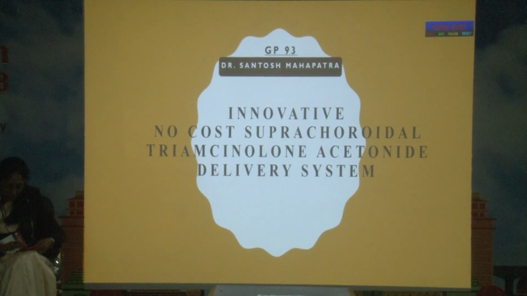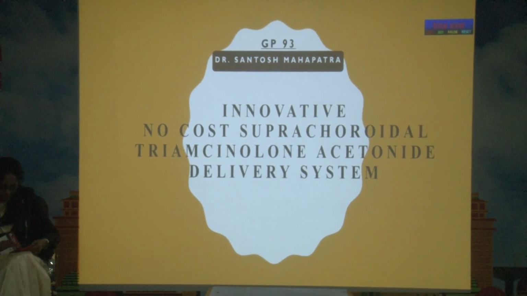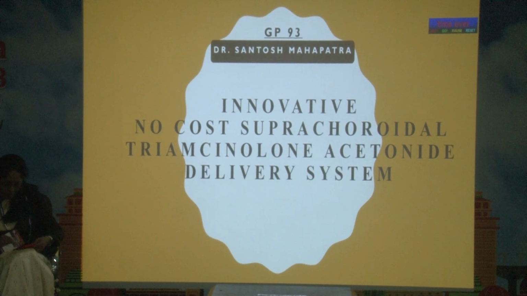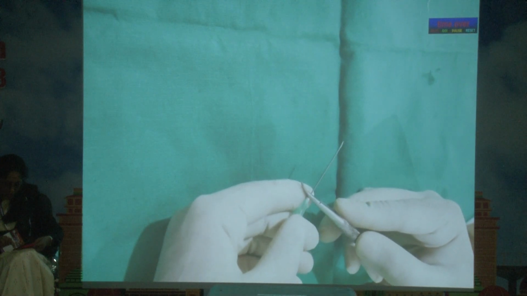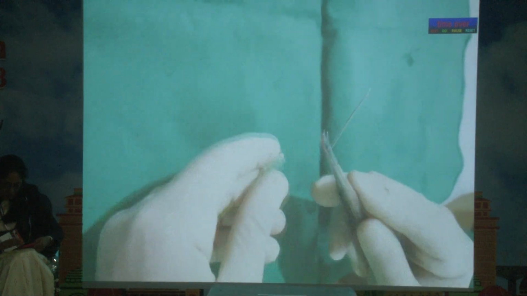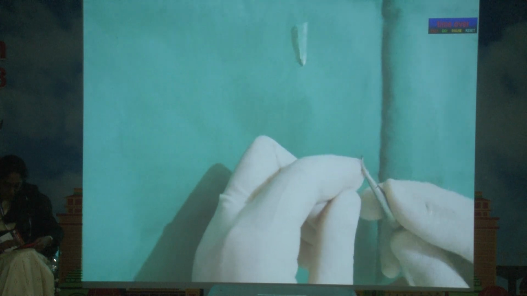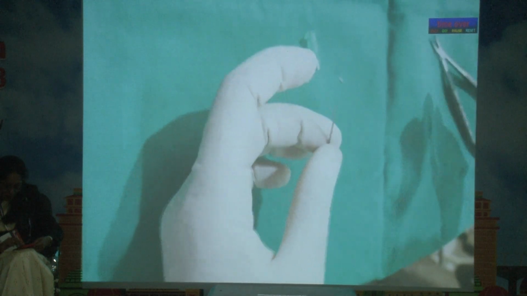Friends, I'm here to describe an innovative, no-cost suprachoroidal triamcinolone delivery system. For this, we took a 22 gauge needle and broke it from its hub using a needle holder without much pressure. The tip is broken as well.